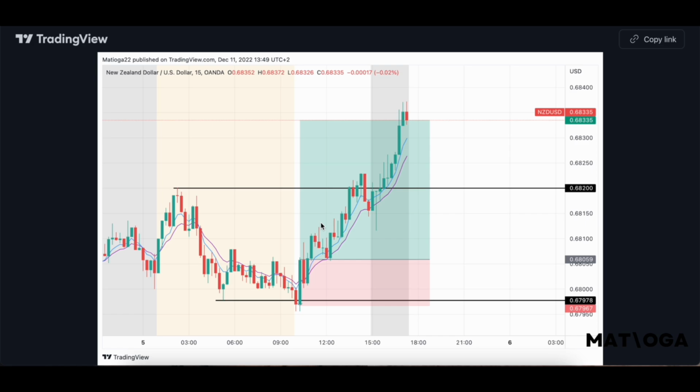In this case, it did, but also a few things to mention. The entry candle size is, as you can see, fairly big in comparison to the previous Asian session candles.